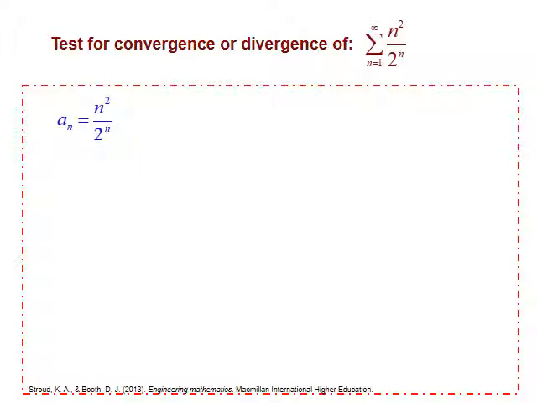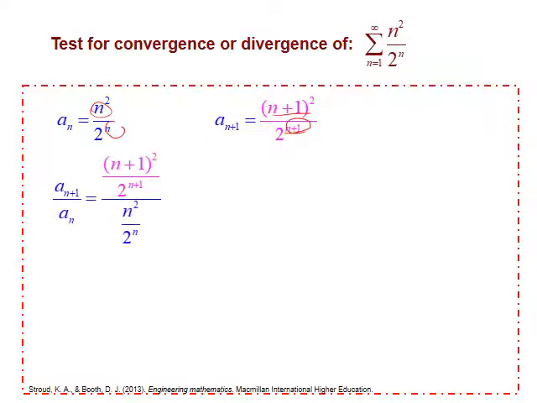Okay, another example. This is n squared over 2 to the power n. What about a_(n+1)? This n will be n plus 1, and this n will be n plus 1. Now I divide them. Now I can take this out here and rotate it. You see, the denominator becomes the numerator and the numerator becomes the denominator, as you can see here.